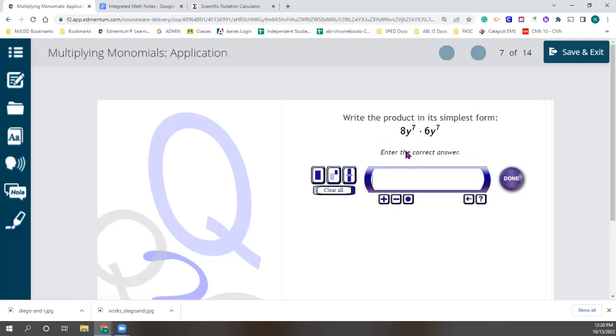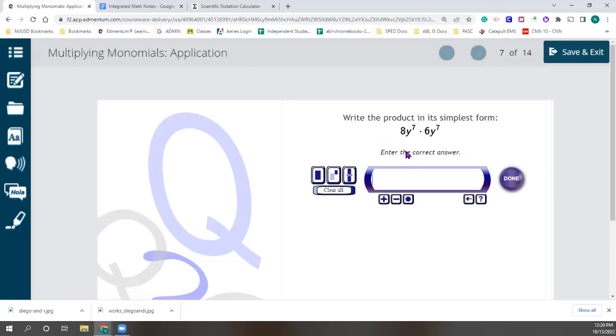Same steps. 8y to the 7th multiplied by 6y to the 7th. 8 multiplied by 6. Hey Siri, what is 8 times 6? 48. And then y is the variable.